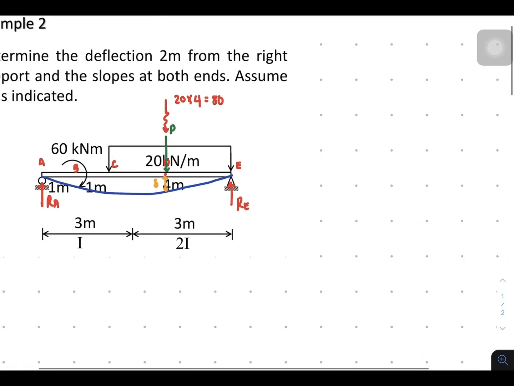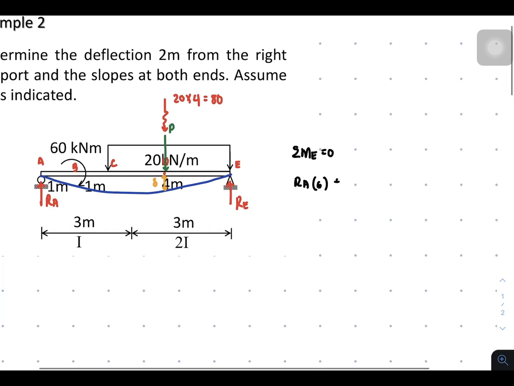Summation of moment about point E, so that we can solve for RA times 6, plus 60, minus 80 times 2, minus P times 2. Do not forget that P exists.